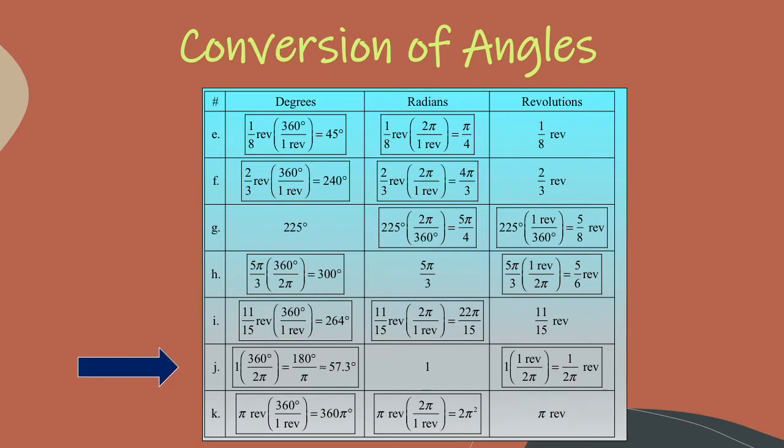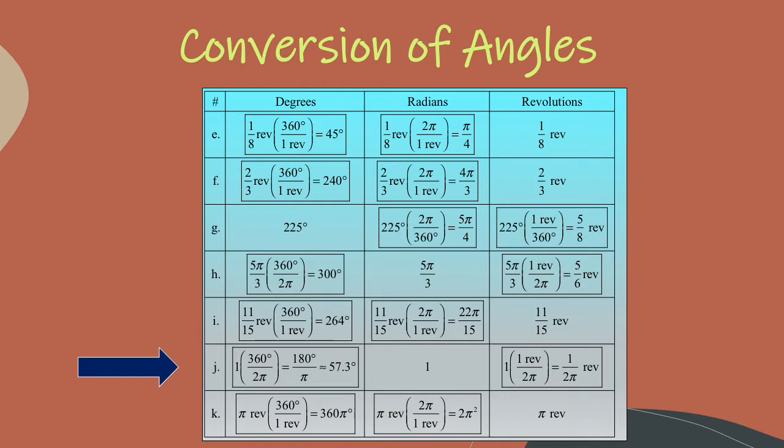J, 1 radian, can be converted to degrees by multiplying it by 360 degrees over 2 pi, and we end up getting 180 over pi degrees, which turns out to be approximately 57.3 degrees.